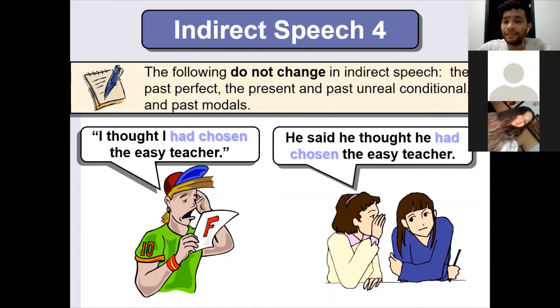Great, that was perfect. So in all of these situations in which we use past perfect, the present and the past unreal conditional, so 2 and 3, and the past modals, nothing changes. Everything is going to stay the same in the reported speech, right?